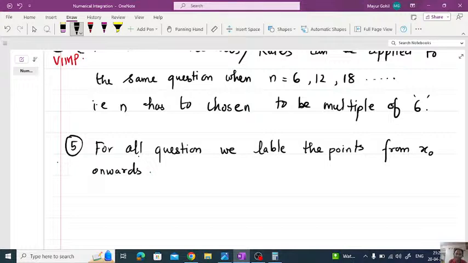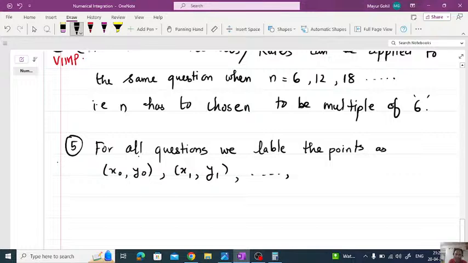Label the points as x naught, y naught, x1, y1, dot dot dot up to xn, yn.